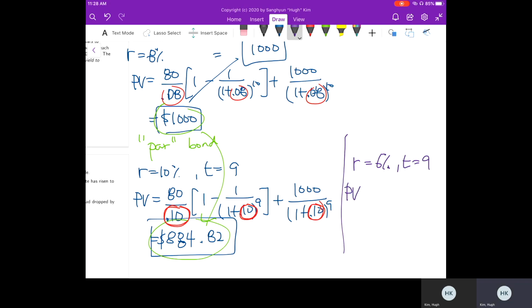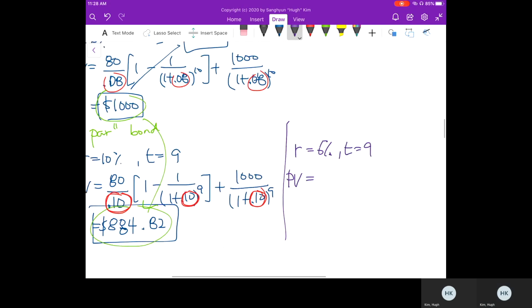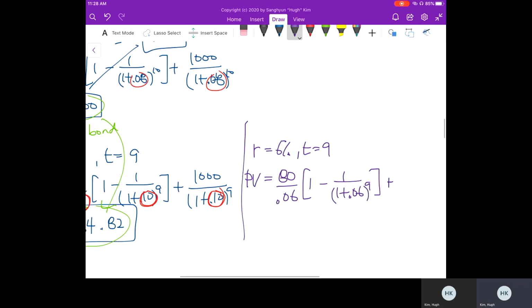The present value is 80 over 0.06 times 1 minus 1 over 1 plus 0.06 to the 9th, plus 1000 over 1 plus 0.06 to the 9th.